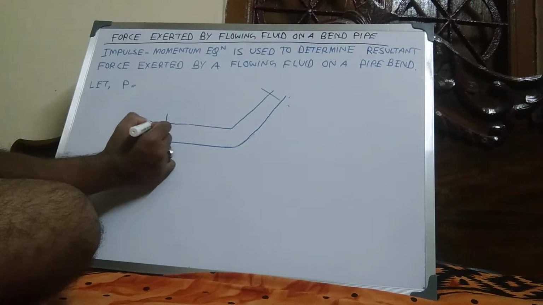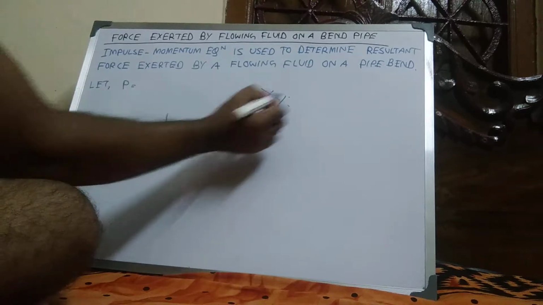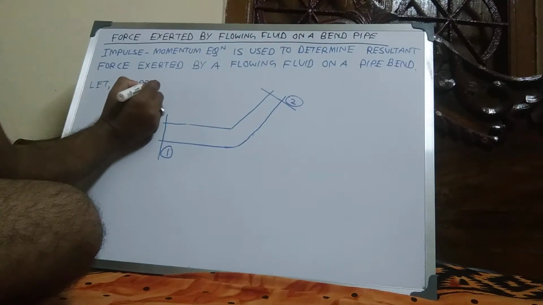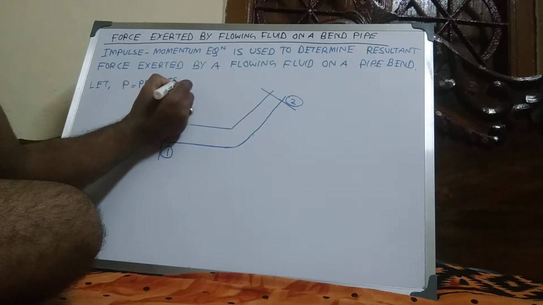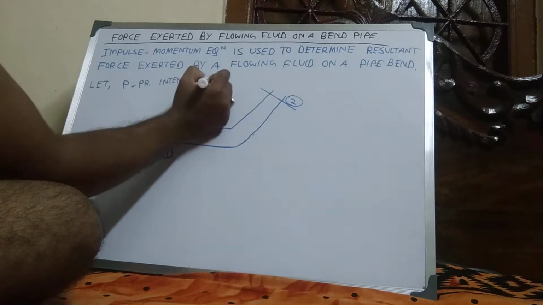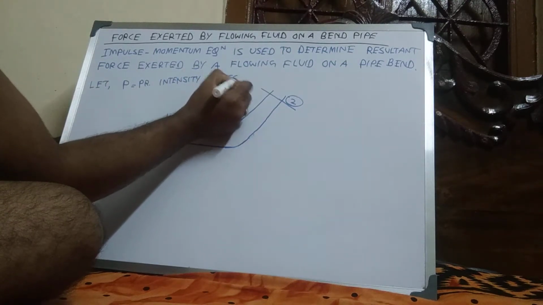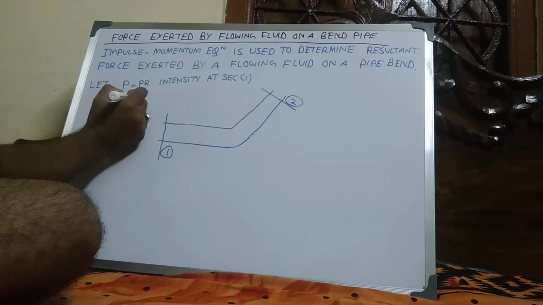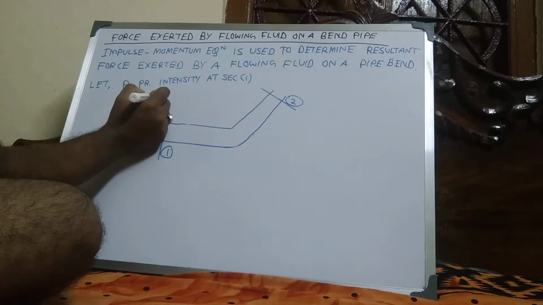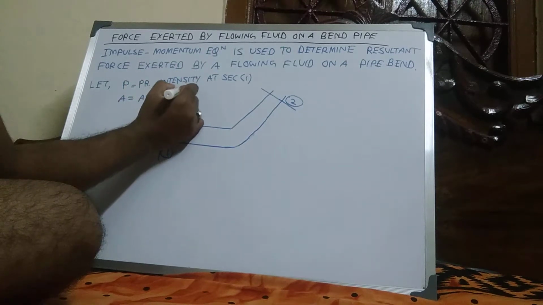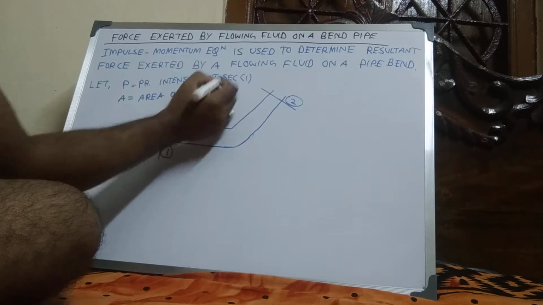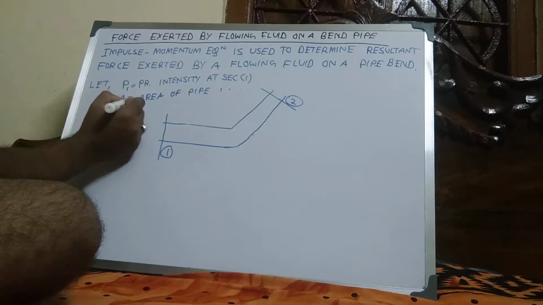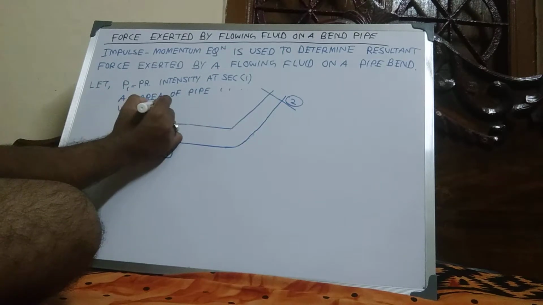This is the pressure, and this is section 1, this is section 2. P is the pressure intensity at section 1, and this is the area of pipe at section 1, and V1, P1 and A1, the velocity of flow.